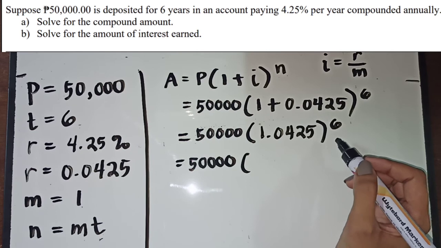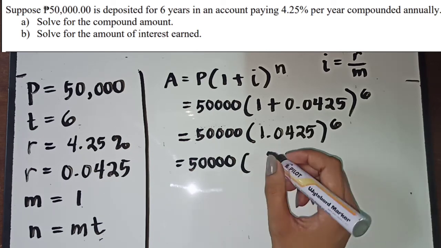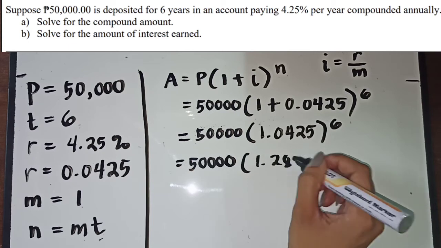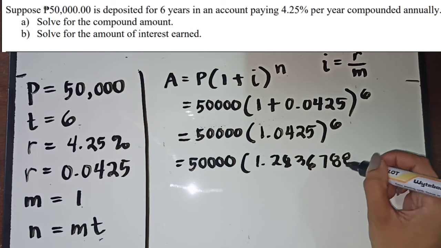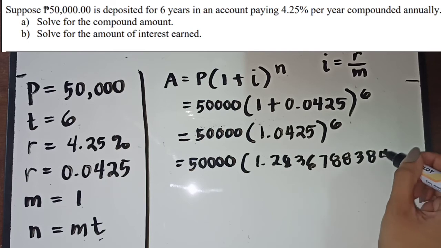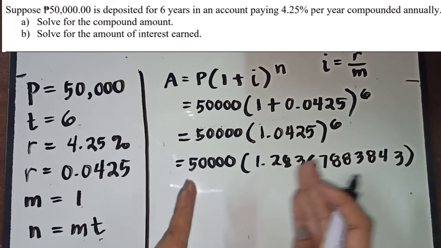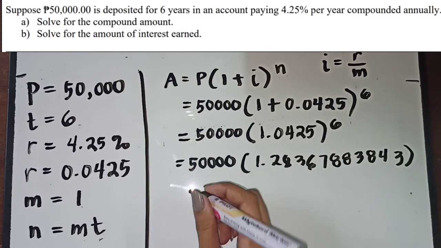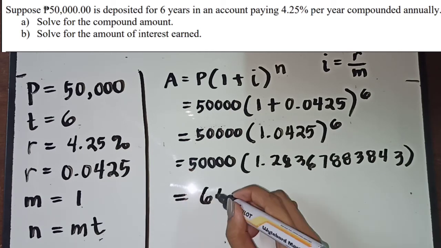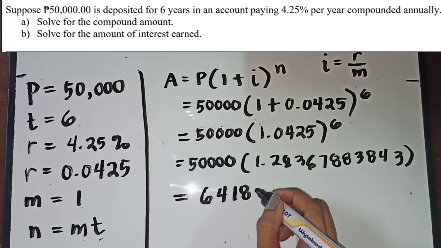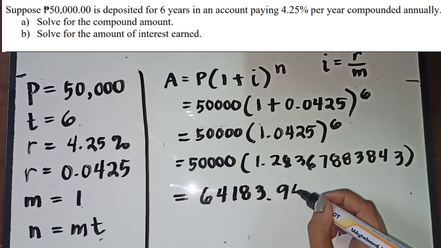Okay, so try natin sa calcu. Again, 1.0425 raised to 6, that is equivalent to 1.28367883843. Okay, then multiply by 50,000, so that is equal to 64,183.94.